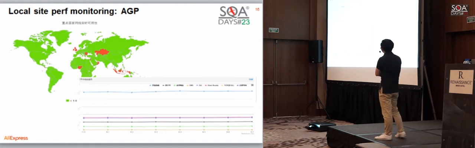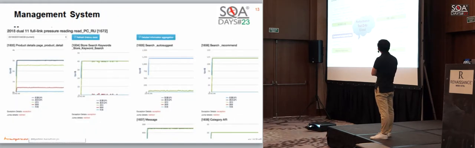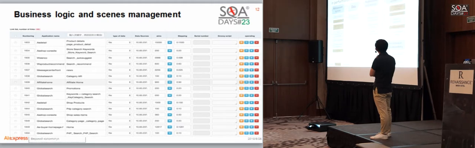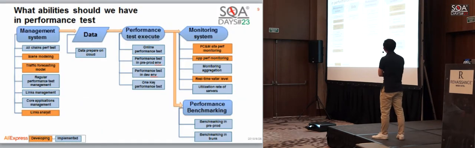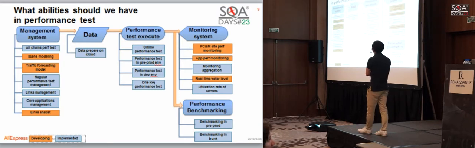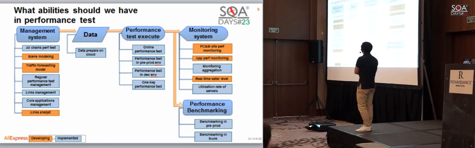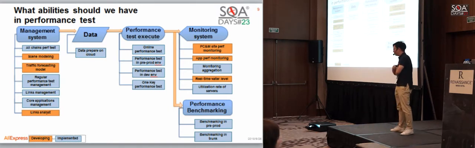If you return to that slide, here. The traffic forecasting model is here. In the management system, you have a traffic forecasting model. You are developing a traffic forecasting model. Yes, it is still being developed.